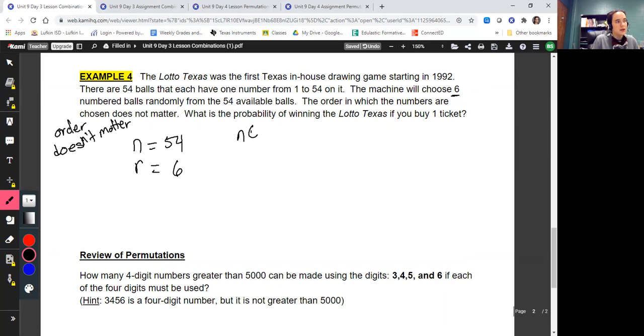So 54 C 6, the combination function, and we get 25,827,165.